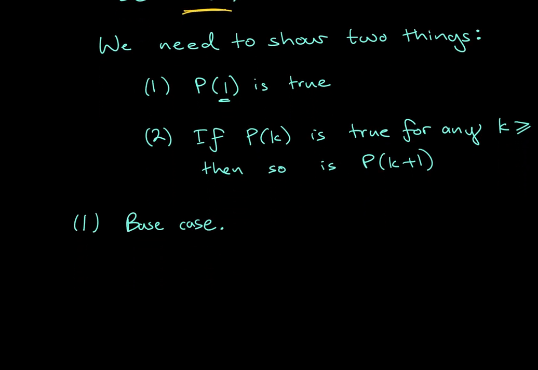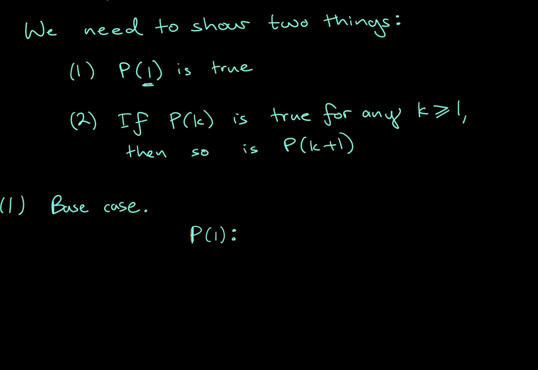So P of 1, to make it clear, I'll write this. P of 1, that statement, so I'm using a semicolon. I don't want to use the equal sign. Statements don't equal anything.